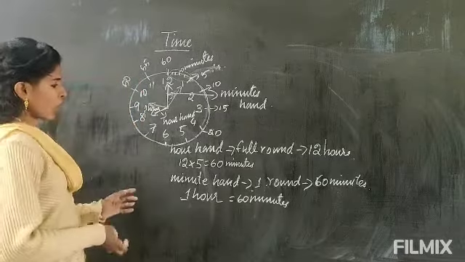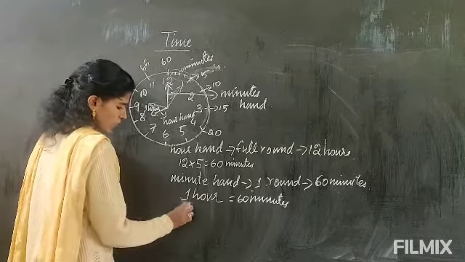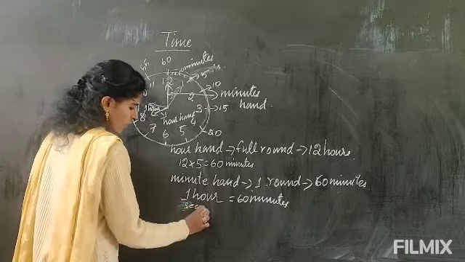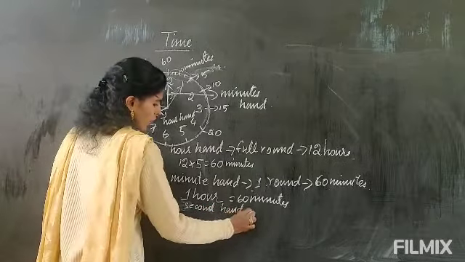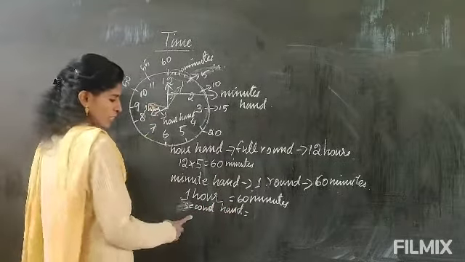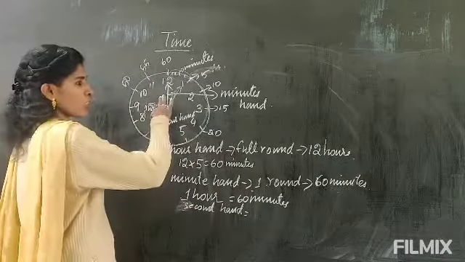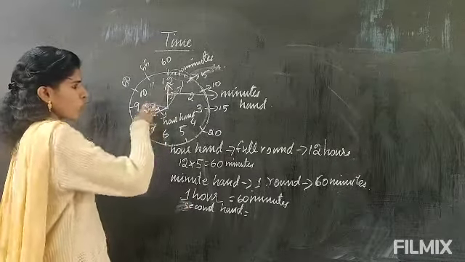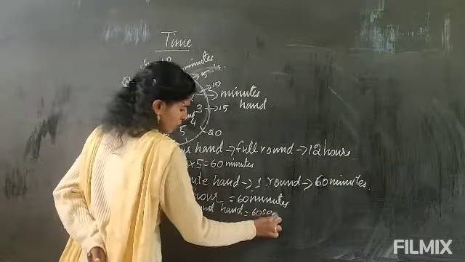Again, in the same way, there is another hand in the clock, that we call the second hand. It is the fastest hand in the clock, and when it moves, it makes one round faster. When it makes one round, it takes 60 seconds.